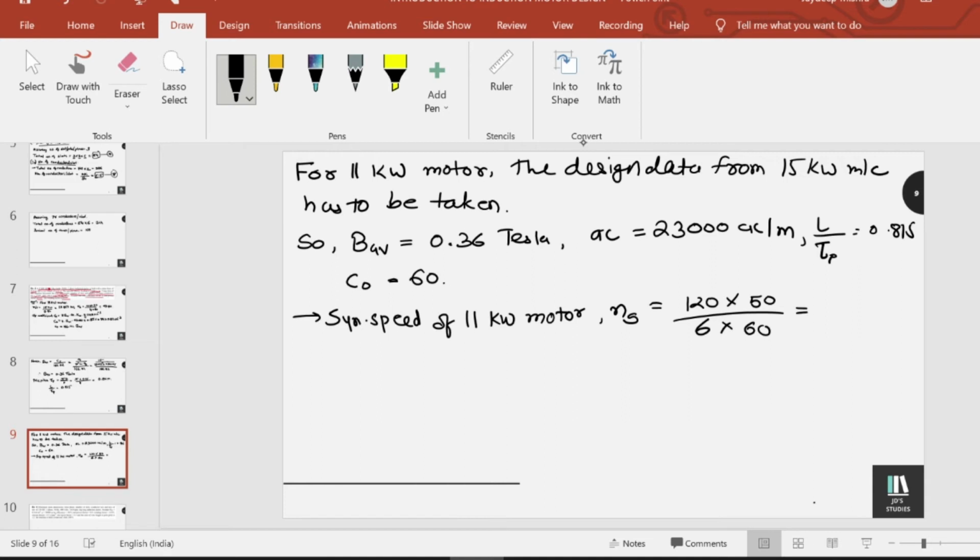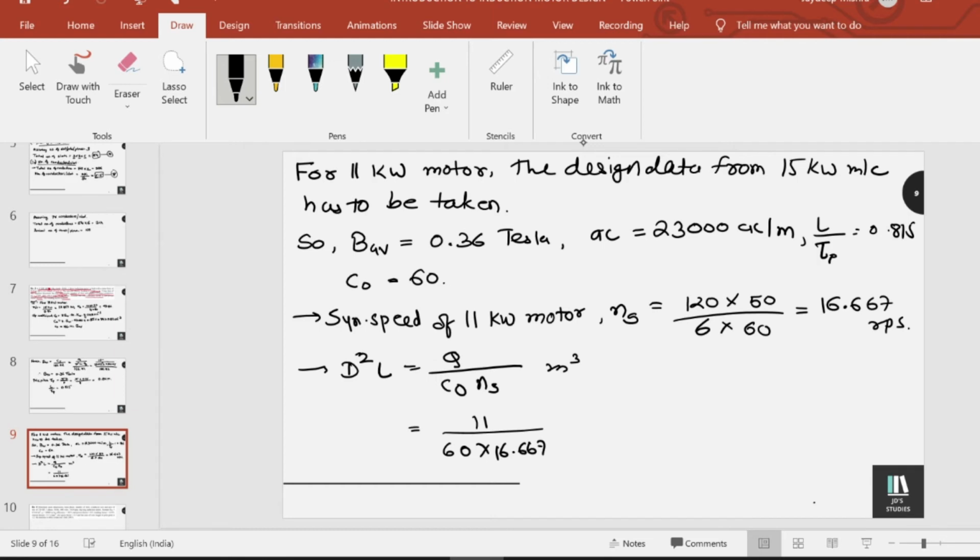So we will get 16.667 RPS. Now the output equation is D square L is equal to Q divided by C0 Ns, in meter cube. So Q is 11, C0 is 60, and Ns is 16.667. We have the value of D square L as 0.01099 meter cube.